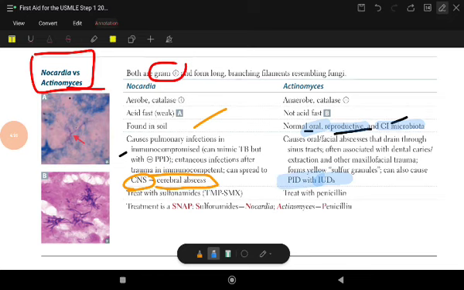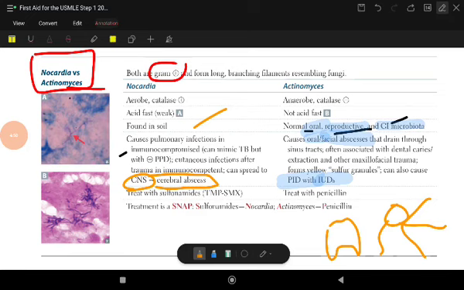Now, if we talk about oral, for example, oral and facial abscess is often caused by this Actinomyces, and these abscesses will drain through various ways and tracts. Often this happens when we extract a tooth, meaning dental caries or extraction, or maybe some other maxillofacial trauma. So that can lead to such abscesses.